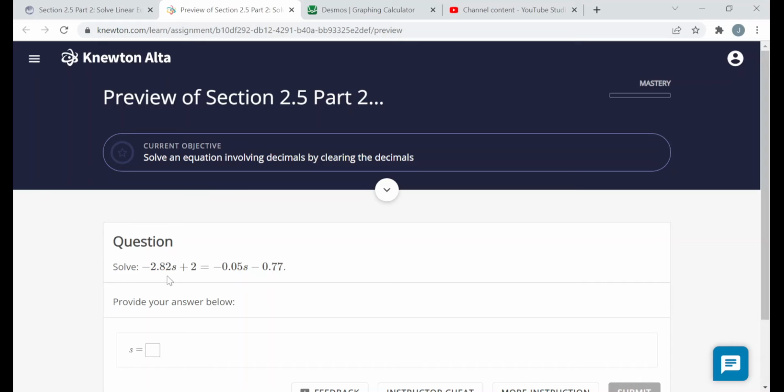That moves the decimal point to the right one place. If you multiply by 100, it moves the decimal point to the right 2 places. If you multiply by 1,000, it moves it to the right 3 places, and so on. And that's really all you're going to need to know to be able to do these. Right, so I'm going to write out this first equation and talk about what we need to do to clear decimals.